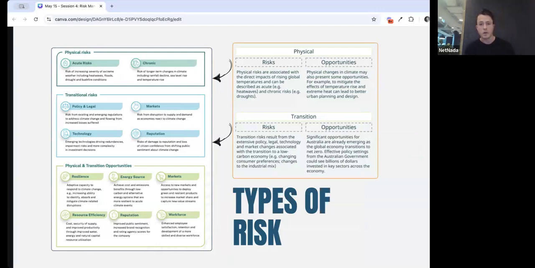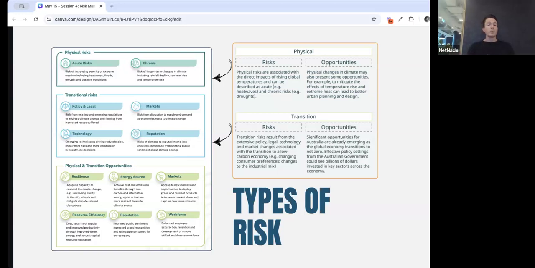Now, in this slide here, we can see those physical risks, and I'll let you read them rather than me reading them out to you. But I also want to point out the opportunities. When we have risks, we also have opportunities, hopefully, most of the time. You can see in the physical and transition opportunities there, we've got things like resilience, energy sourcing, access to new markets, resource efficiency, increasing reputation, enhanced employee satisfaction.